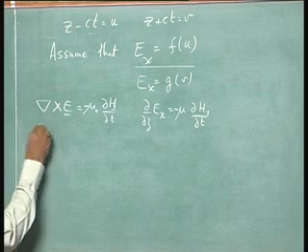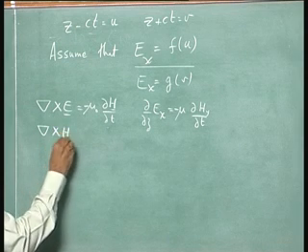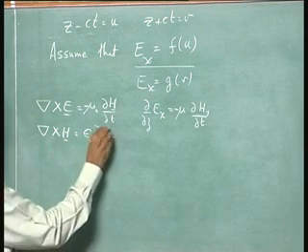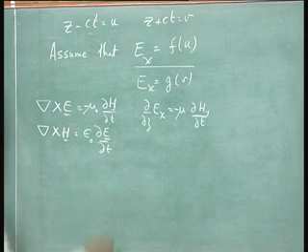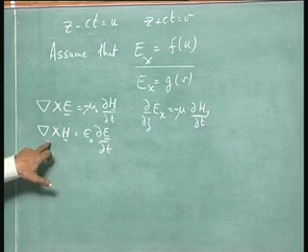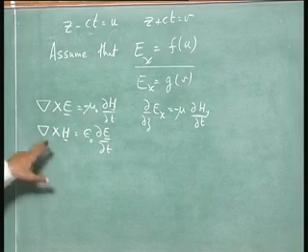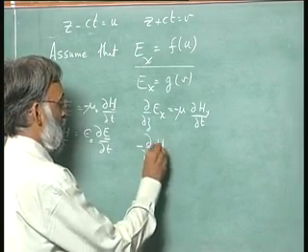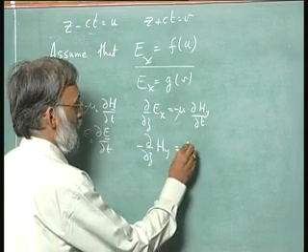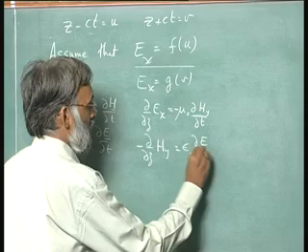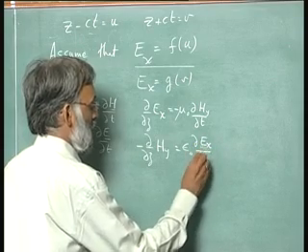What is Ampere's law? Curl of H is equal to plus epsilon naught del E del t. Now, E is in the x direction, so del E del t is in the x direction. So, I need the x component of curl of H, which is minus del del z H y is equal to epsilon naught del E x del t.